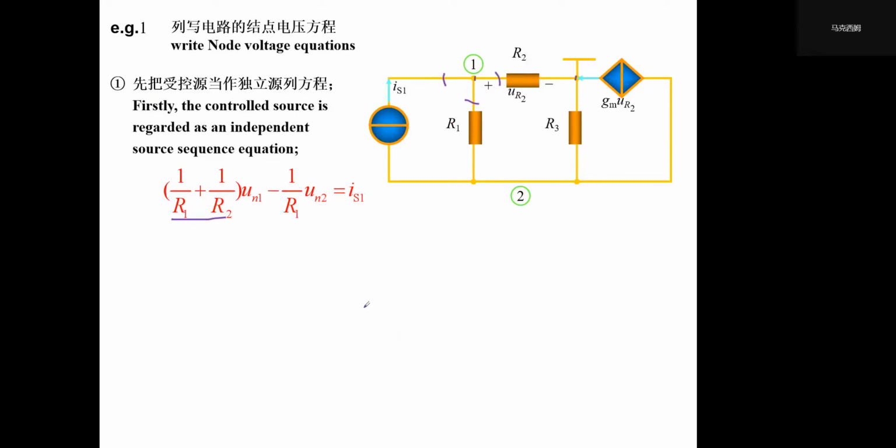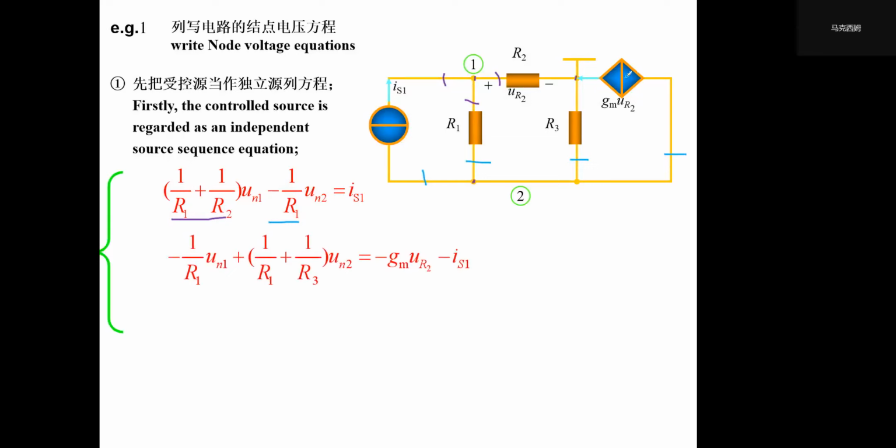And for the second node, node 2, we have 1, 2, 3, 4 branches, and its self-conductance is the reciprocal of R1 plus the reciprocal of R3, and the cross conductance to node 1 is the negative of the reciprocal of R1.